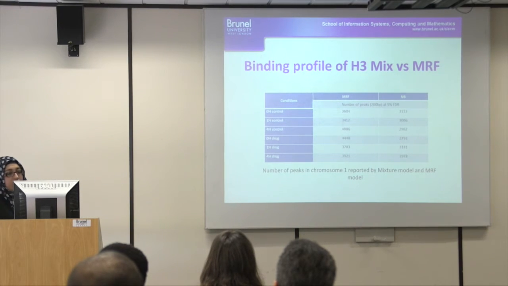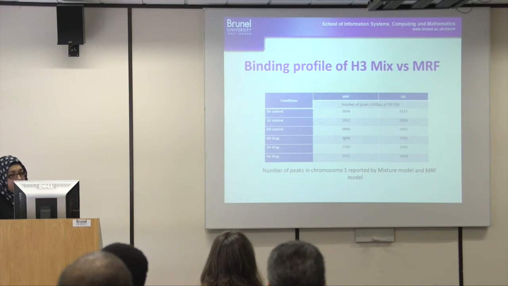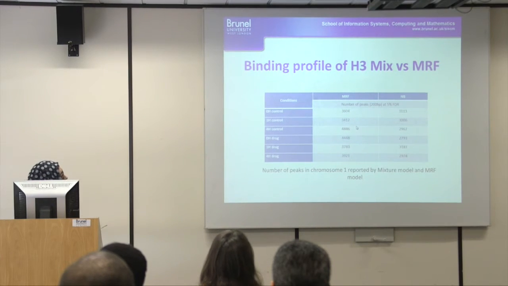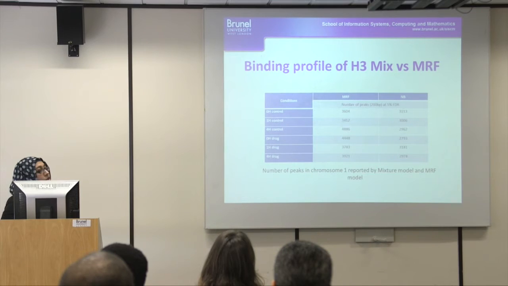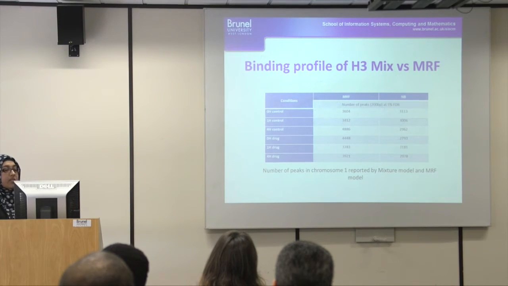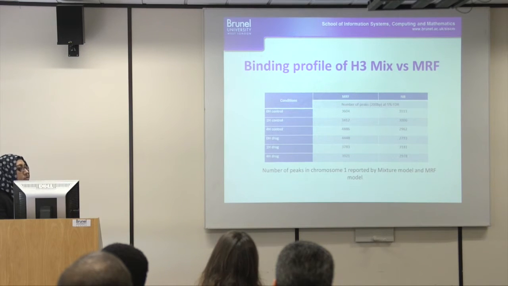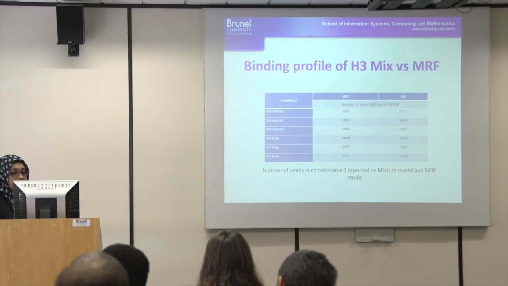If you look at the numbers of the MRF, this is for just one chromosome for H3, the histone protein. In each biological condition, MRF has produced a lot more, around 30% more, regions that are bound than the mixture model that just uses a negative binomial distribution.